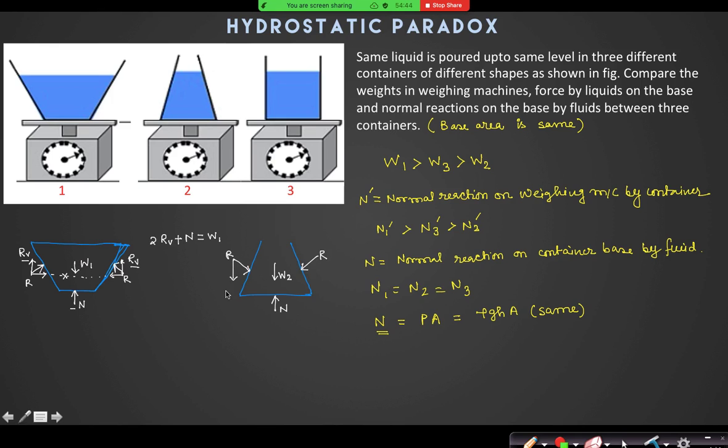Now here the R forces will have a vertical component in which direction? R has a vertical component in the downward direction. So when you write this equation, what will you write? N minus 2RV is equal to W2.